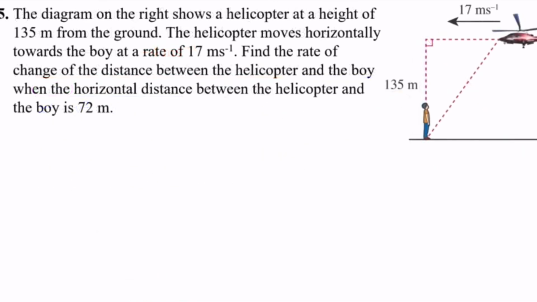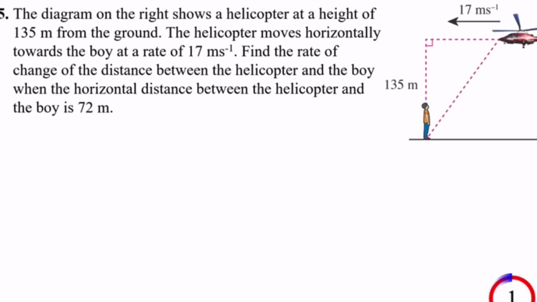So let's get started with another question, which will be the last question, question number 5. This is also another challenging question. The diagram on the right shows a helicopter at a height of 135 meters from the ground.